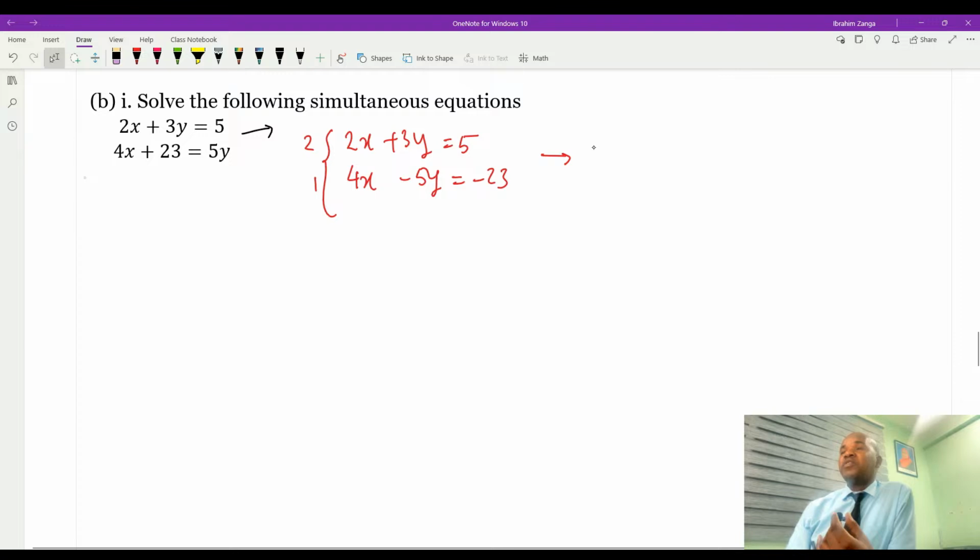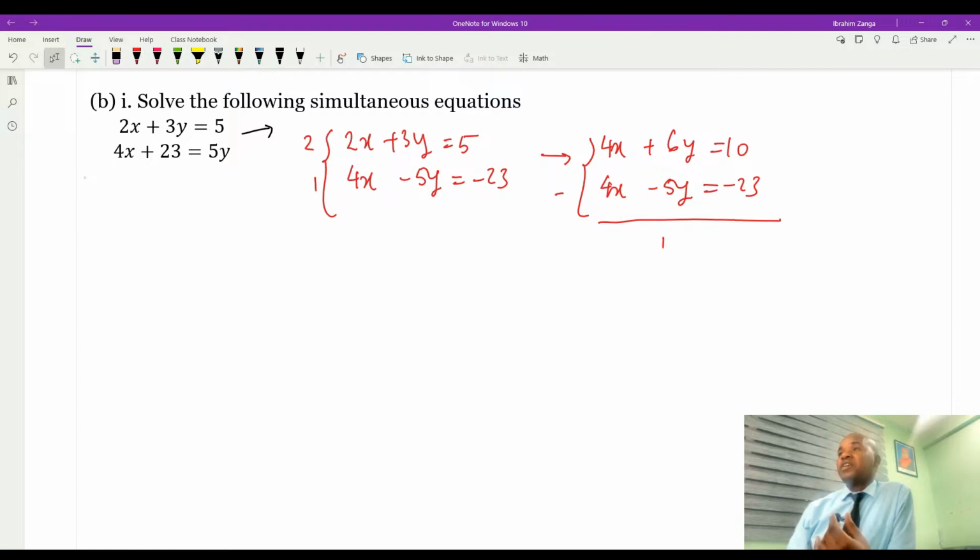And eventually we are going to have new system of equations, which is 4x plus 6y equals to 10. And you have 4x minus 5y equals to minus 23. So now eliminating x, from here you are going to subtract so that you have 11y equals to 33. So y will be 33 over 11, which is going to be equal to 3.